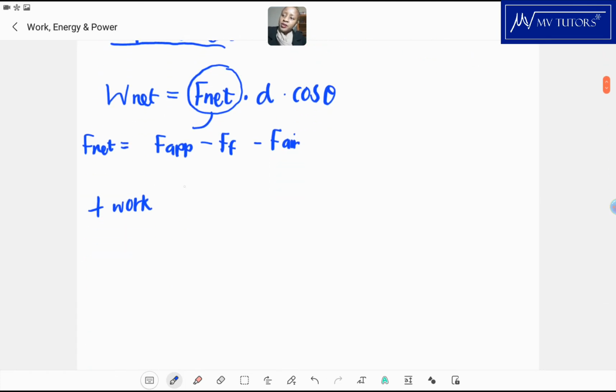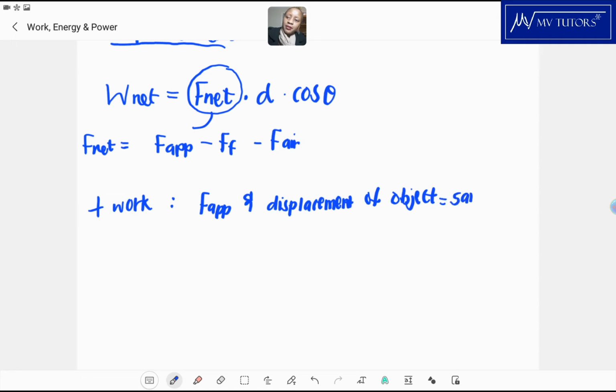So positive work means that your force applied and the displacement of the object, or rather, the way your object displaces, are in the same direction.